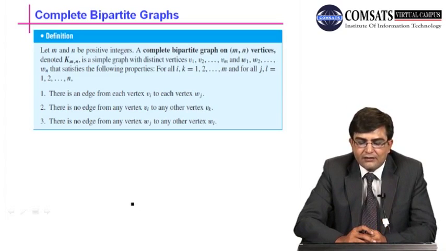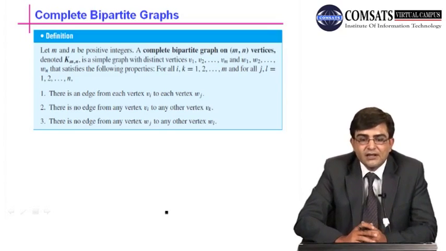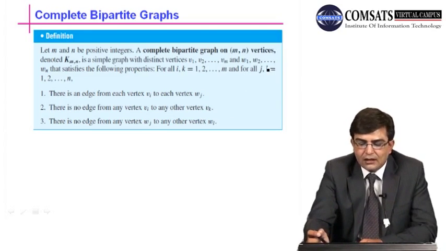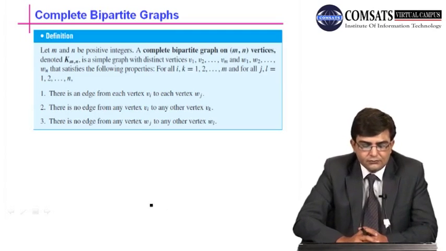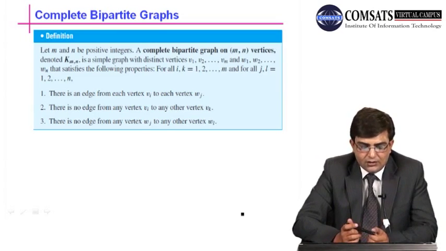A complete bipartite graph on m, n vertices, denoted by Kmn, is a simple graph with distinct vertices v1, v2, and so on up to vm, and w1, w2, and so on up to wn, that satisfies the following properties: for all i, k from 1 to m, and for all j, l from 1 to n.